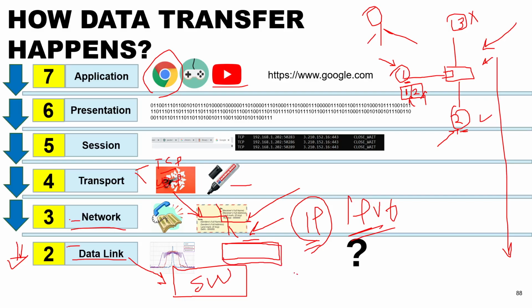This message is called the frame. In the frame, we have another source address and another destination address, but this time they are called the MAC addresses, and the MAC addresses are what can be read by the switch.